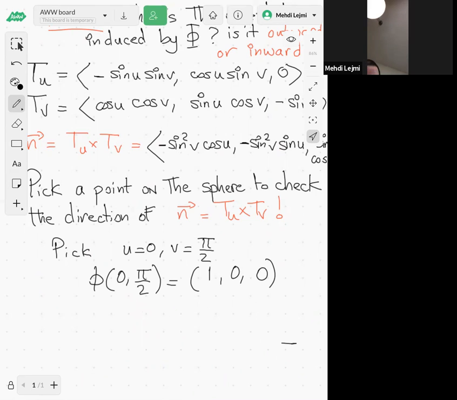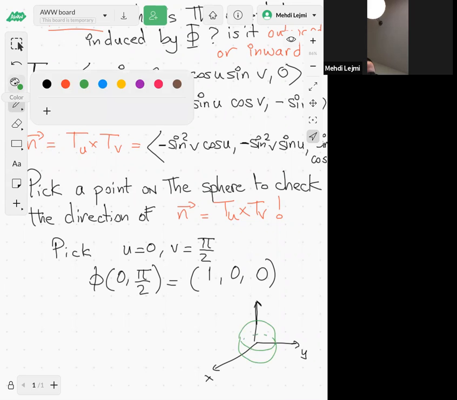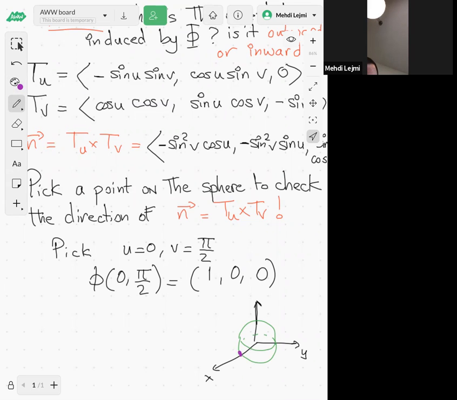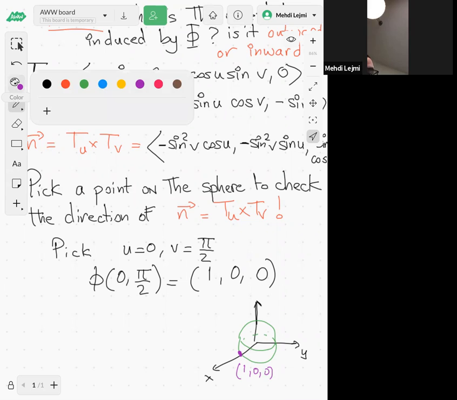So again, here's my sphere. Let's say this is the x-axis, y and z. Here's my sphere, and all I'm saying is I have this point here, the point (1, 0, 0). That's my point. Now, what will be the normal vector at that point?